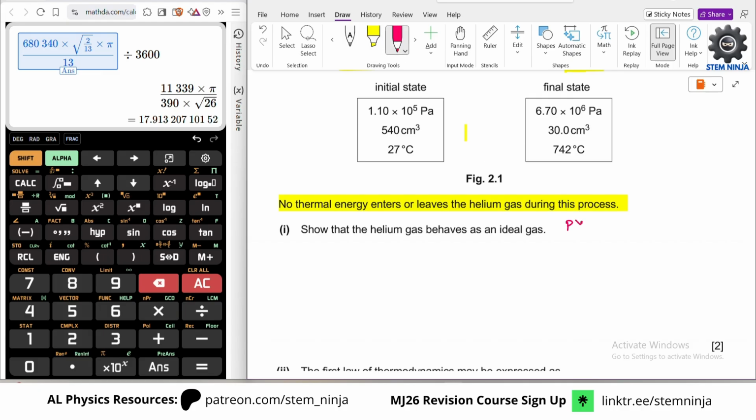So that means we need to show that PV over T is constant. There are two ways you can show that. You can show that P1V1 over T1 is the same as P2V2 over T2, or you can show that the difference between them is 0 or approximately 0.